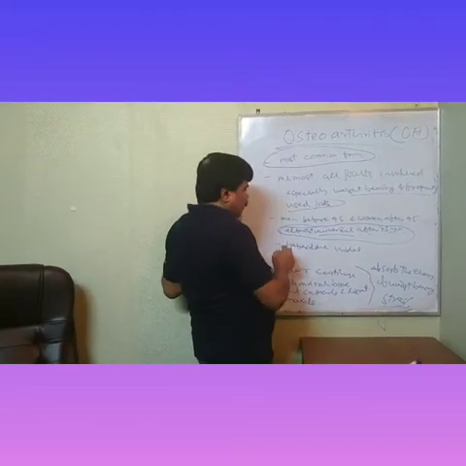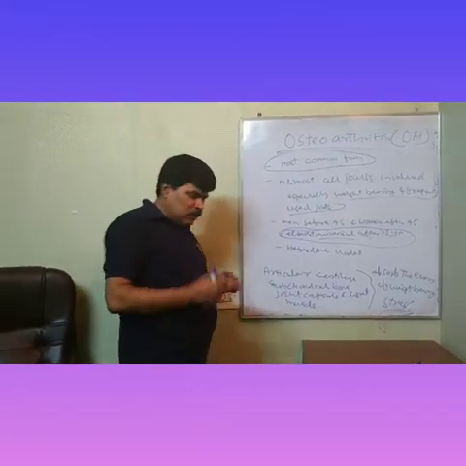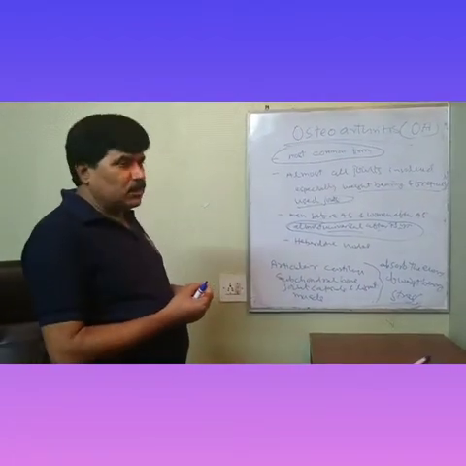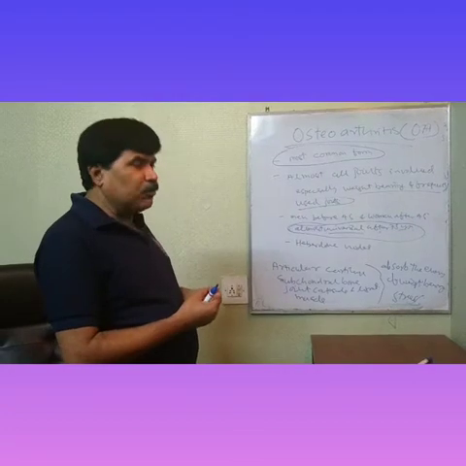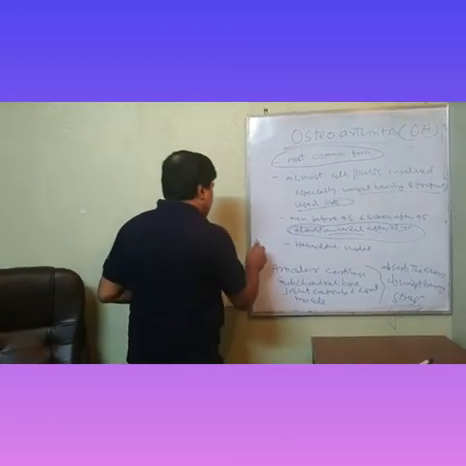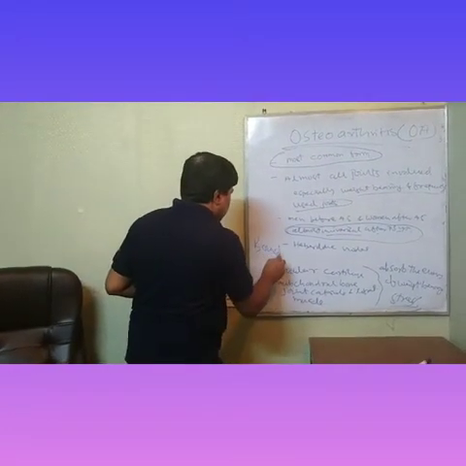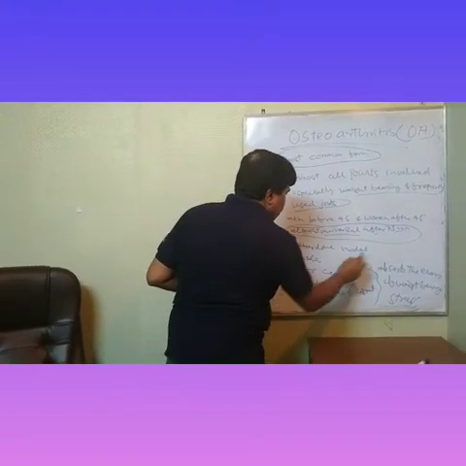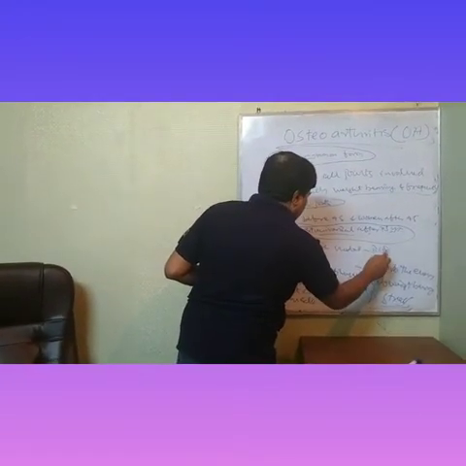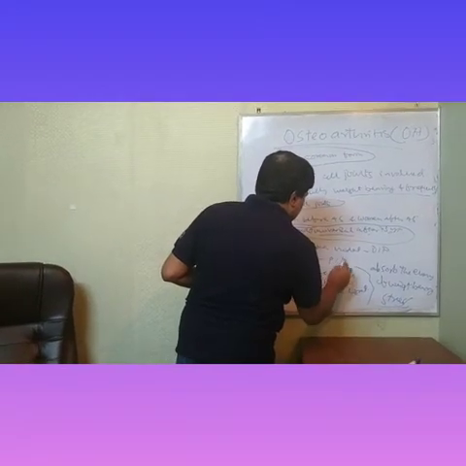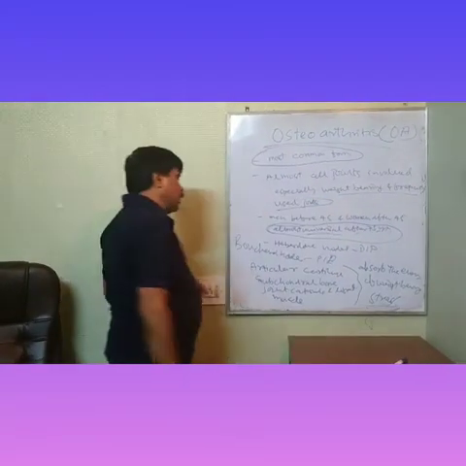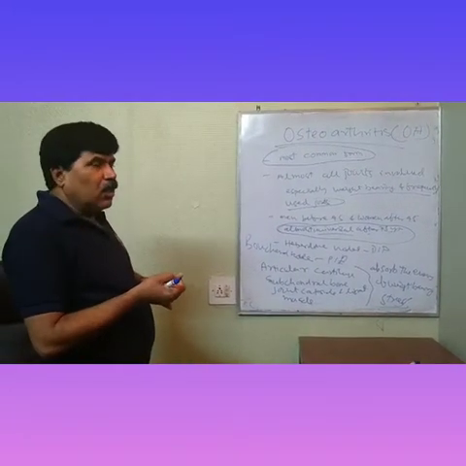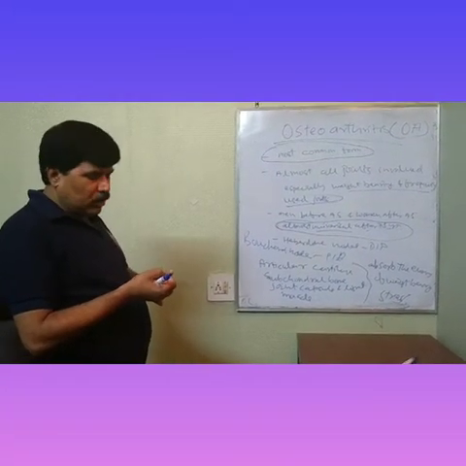Another feature is Heberden nodes, especially around the DIP joints. Around the PIP joint are Bouchard nodes, along with cyst formation around the margin.